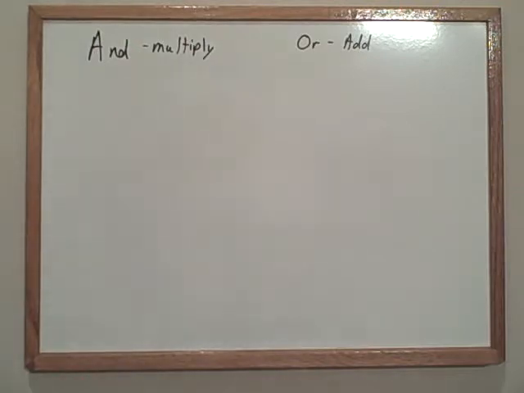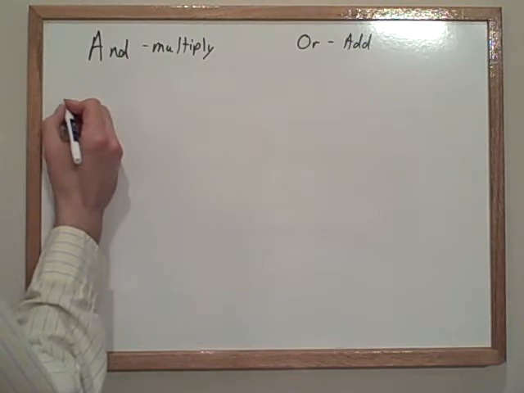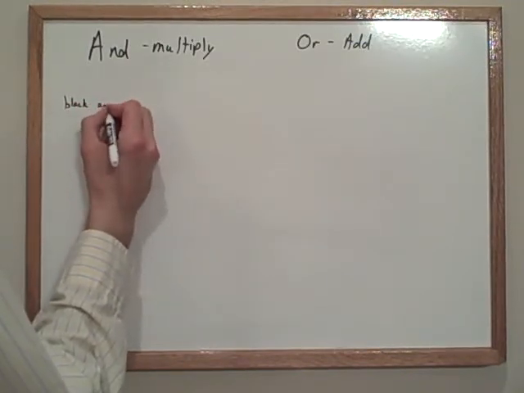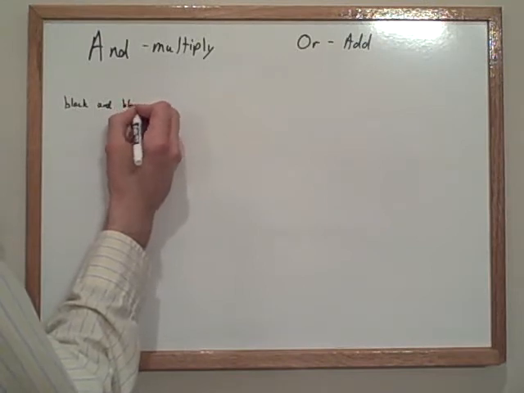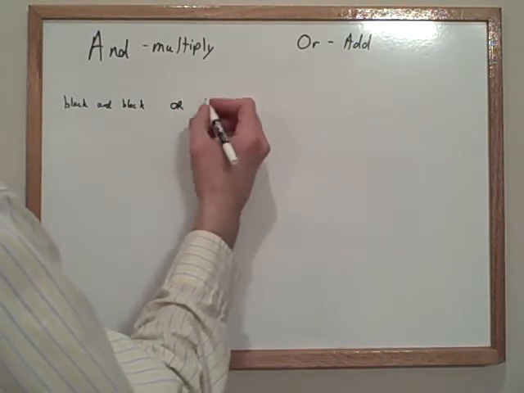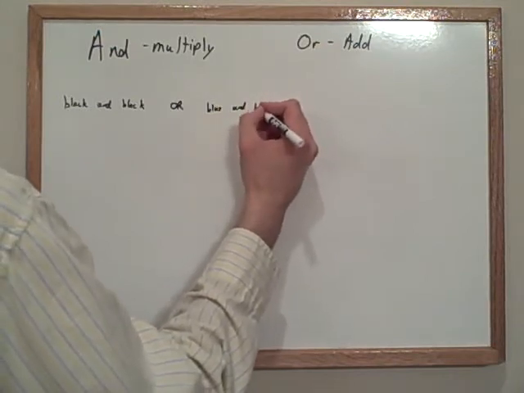So here goes. We want to get a black sock and another black sock, or we want to get a blue sock and another blue sock.